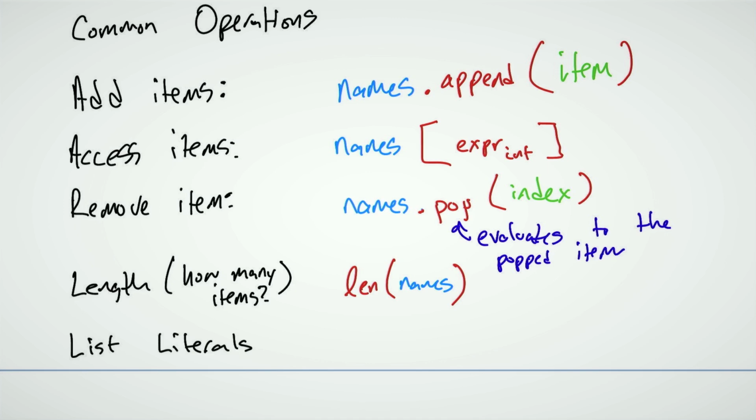And a list literal is an open square bracket followed by a closing square bracket that has to match. And in here we have item 0, ... I'm going to use the ellipses there to allude to we can have any number of items and maybe n.